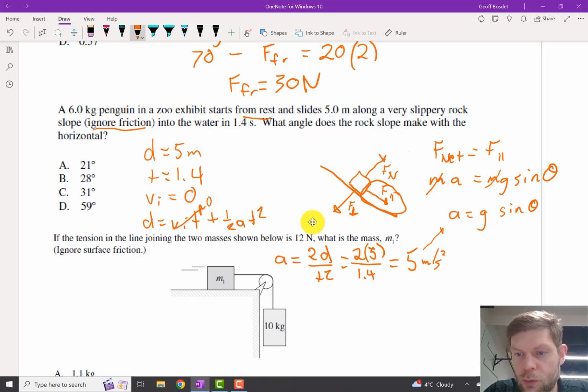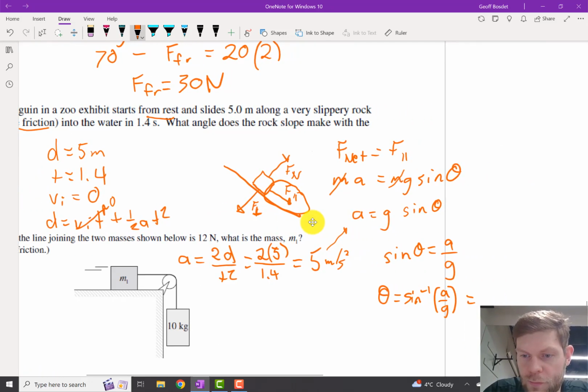And so if I rearrange this to solve for my angle, I sub this in. I will rearrange for sine. So my sine theta is equal to a over g, or theta is equal to the inverse sine of a over g, or the inverse sine of 5 over 9.8.